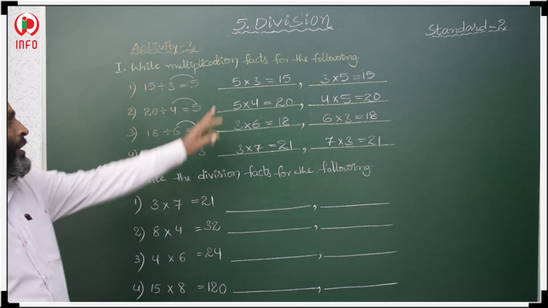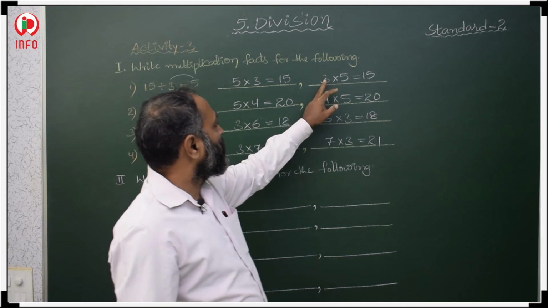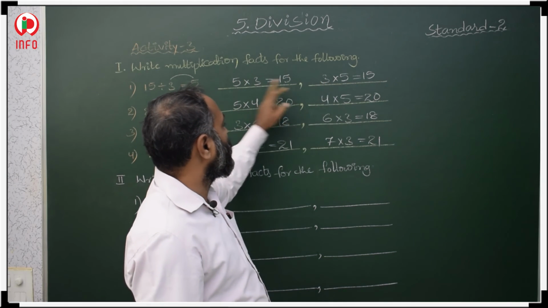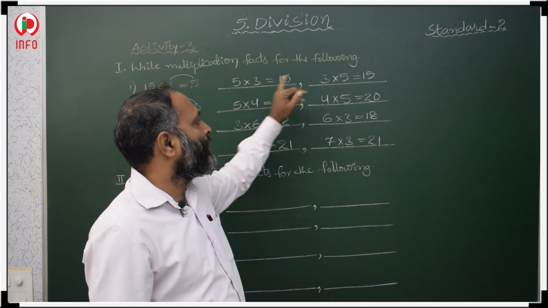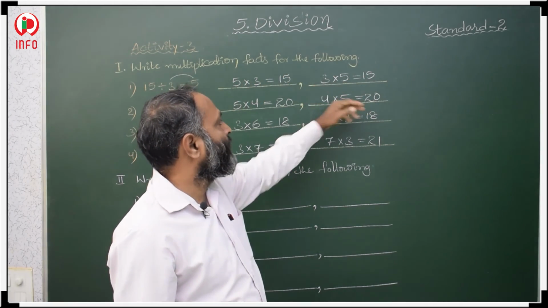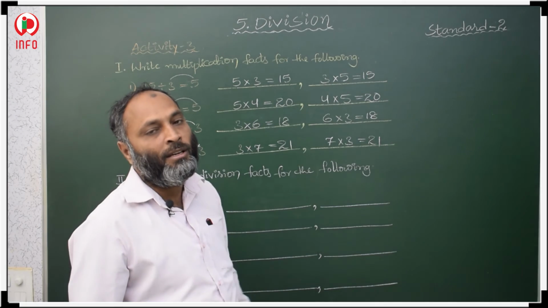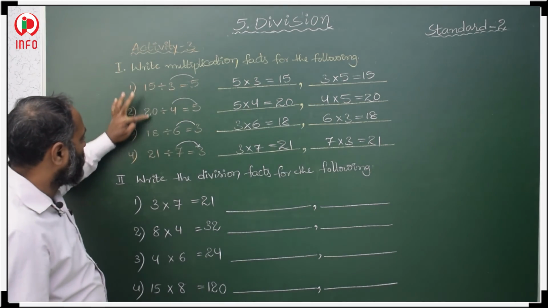So quotient into divisor is equal to dividend, or divisor into quotient is equal to dividend, and you get the same answer. 5 into 3, 3 into 5, but here the product is always the dividend.